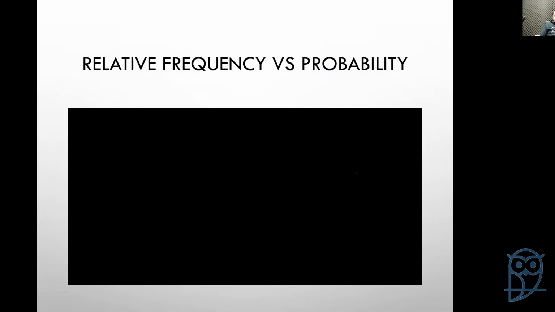Now, you may have realized what the difference is, or you may think that it's exactly the same thing. However, they're not the same thing. It's very important to remember they are similar, but they are most definitely not the same thing. So I've got a video to explain to you why it is not the same thing.